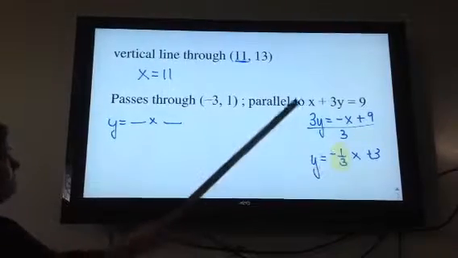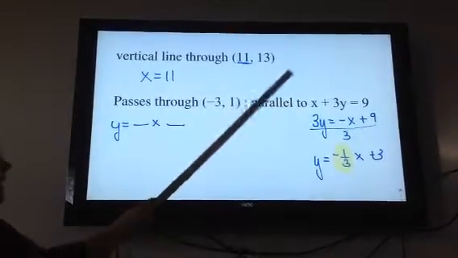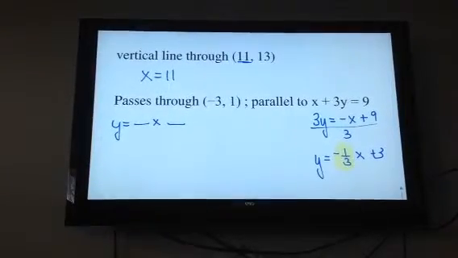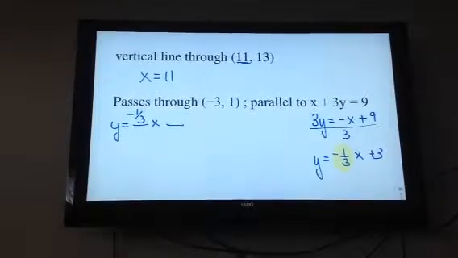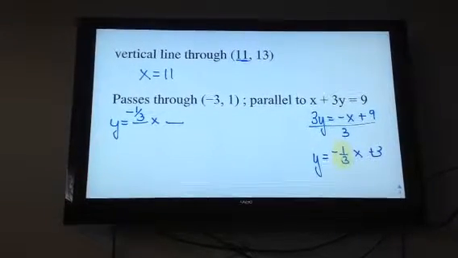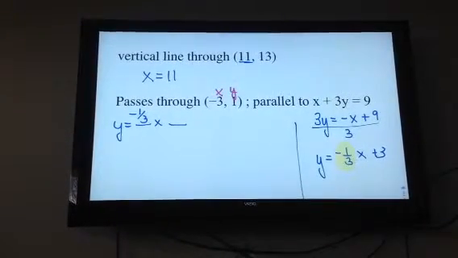My line is parallel to it, which means the line I'm looking for has the same slope. So the slope of my line is also negative 1/3. And now I'm going to get my b. So I'm going to use that x, y again and my m and fill it in.